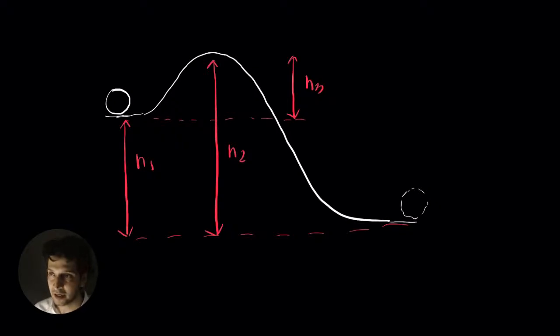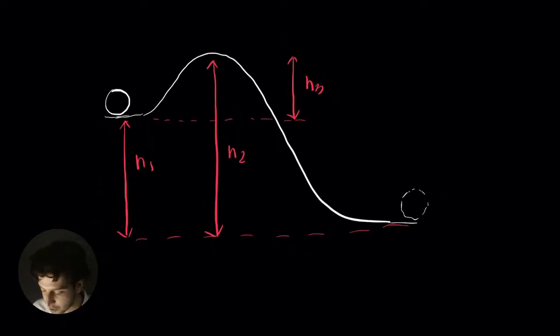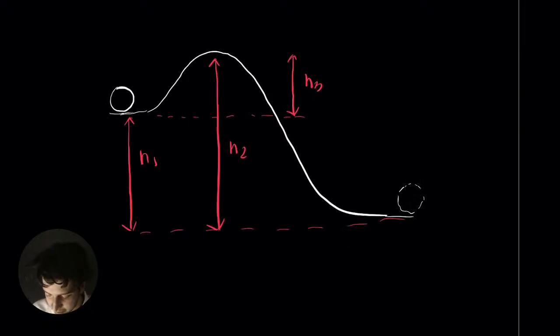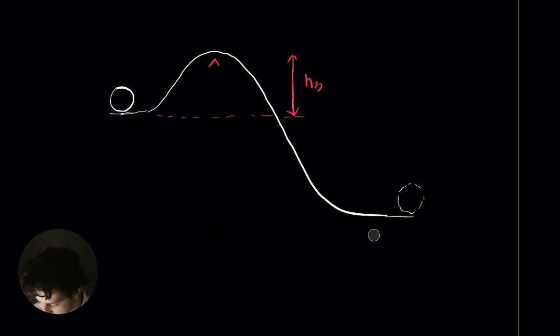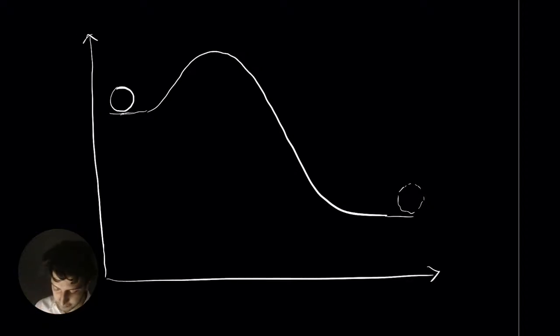This is literally what an energy profile diagram looks like, even though, and you guys could tell, I was talking about an energy profile diagram where we're talking about terms like activation energy.